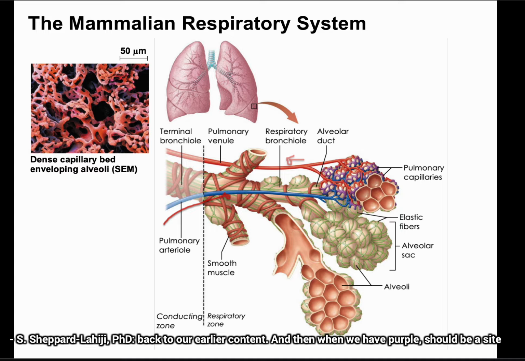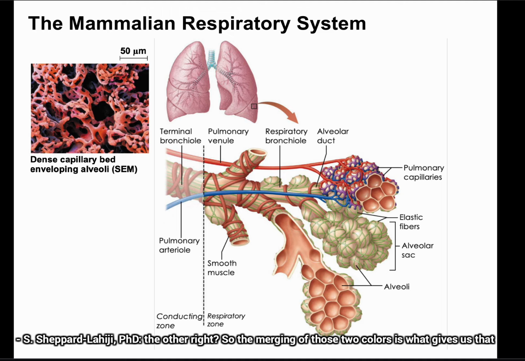And then when we have purple, that should be a site in which we have a mixed content of oxygen. So a little bit less of one and the other, right? So the merging of those two colors is what gives us that purple. And the capillaries provide an opportunity for exchange to occur.